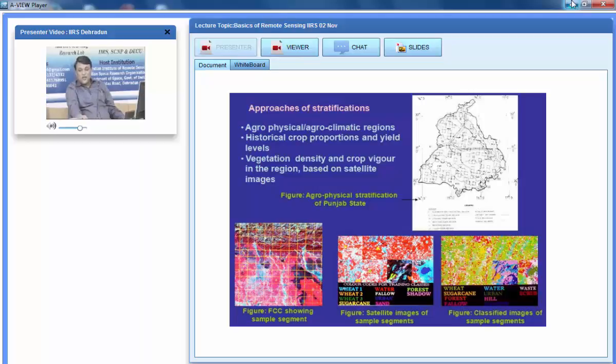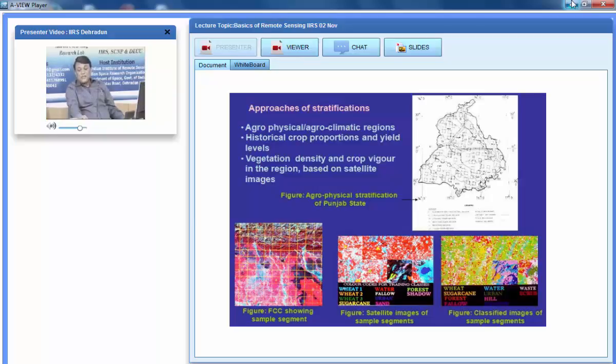That means different wheat crops with different growth stages are possible to discriminate, and then they are clubbed together to derive the acreage estimation for the wheat crop. So in Punjab, for all these 10 by 10 kilometer sample segments, first the acreage of wheat is estimated, then this is extrapolated as per the stratum crop proportion that we have identified in strata: less than 30%, 30 to 60%, and greater than 60%.